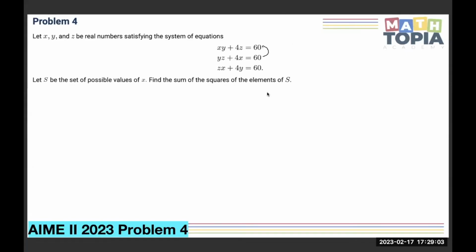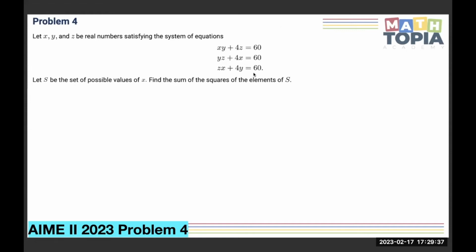This gets us thinking about what the value of z minus x could be, because what we're really doing by swapping x and z is, in this case, adding z minus x times y, and in this case, adding x minus z times 4. And it's creating a total sum of 0, which seems to imply there's some factorization that equals 0, which is something we really want, because then we'll be able to use the zero product rule to determine one of two factors to be 0.